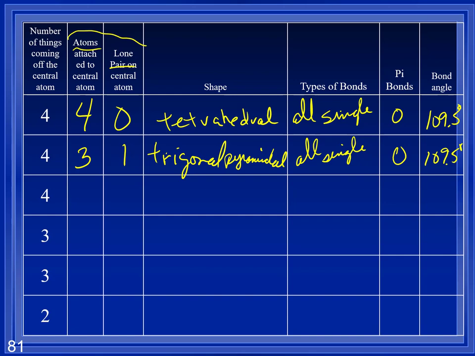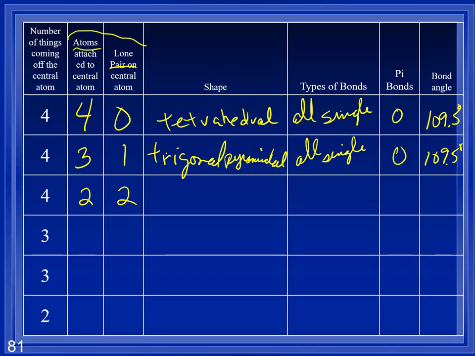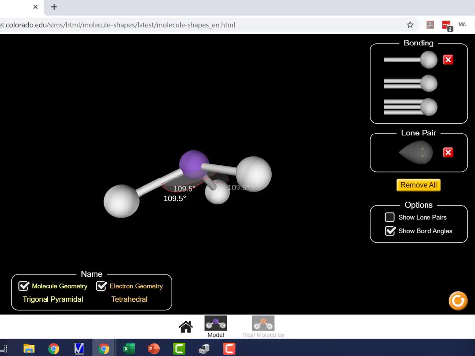Another way you could have 4 would be to have 2 atoms and 2 lone pairs. So let's remove it all. Oops, go back. My mouse, there it is. Remove all.